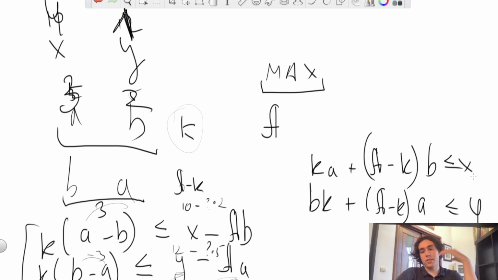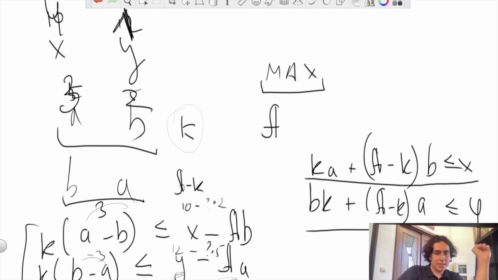Then we just write the equations that this shouldn't be bigger than x, and this shouldn't be bigger than y. Then we take k to one side, everything else to the other side. And I think I should have multiplied it by -1 so that it would be easier to see what the actual formula is, but I didn't do it.